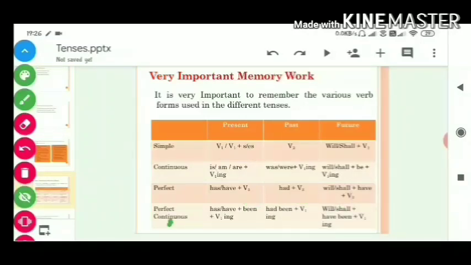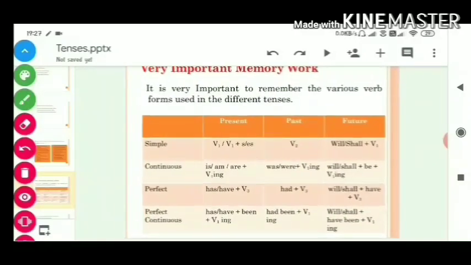In present perfect continuous tense, we use has, have, been plus V1 ing. In past perfect continuous tense, we use had been plus V1 ing. In future perfect continuous tense, we use will, shall, have been plus V1 ing. In this way, we can learn the verb forms very easily and recognize the tense.